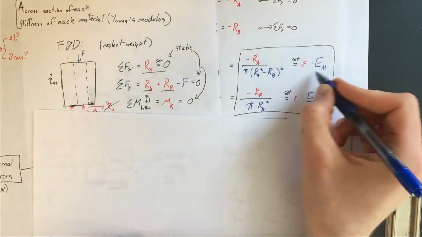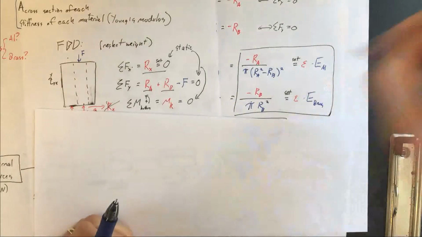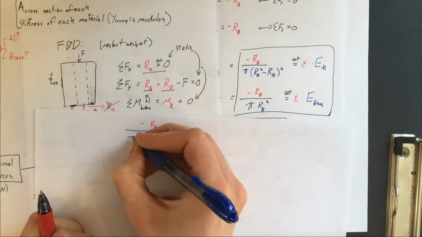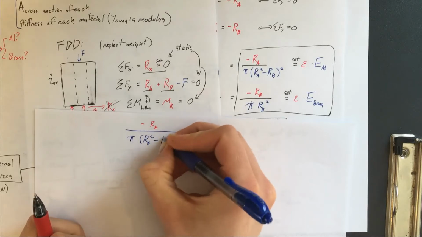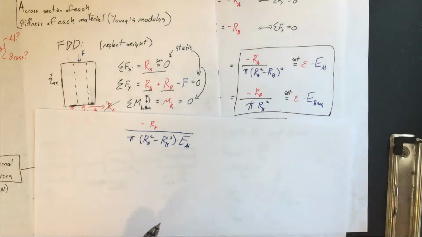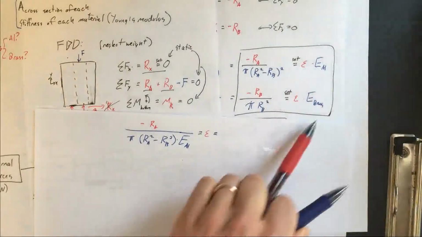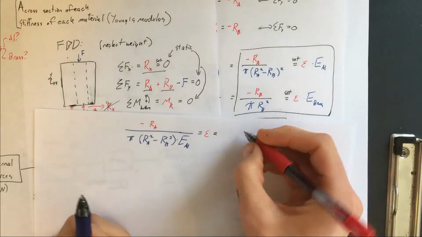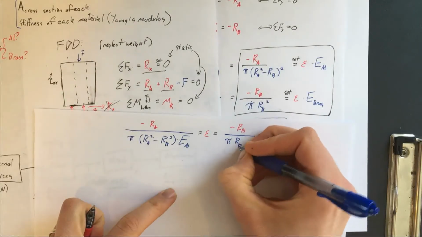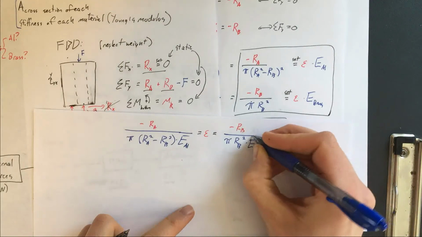Well, if we divide both sides of this equation by the modulus of aluminum, then we get minus the reaction force at A divided by pi (RA squared minus RB squared) times the stiffness of aluminum is equal to strain, which must also be equal to whatever we get if we divide both sides of this by the stiffness of brass: RB divided by pi RB squared times the stiffness of brass.